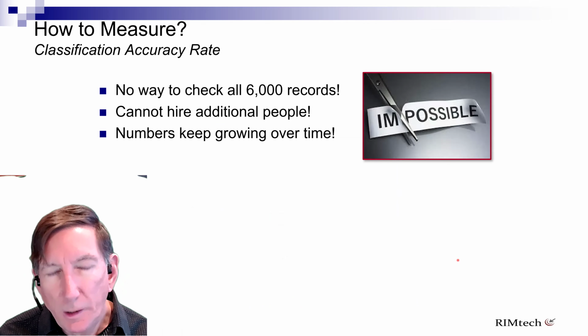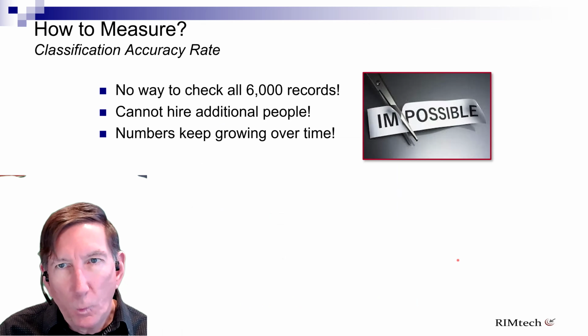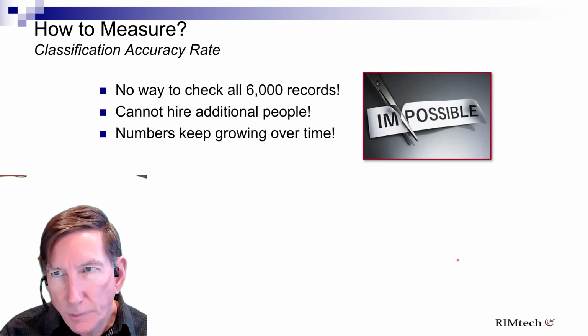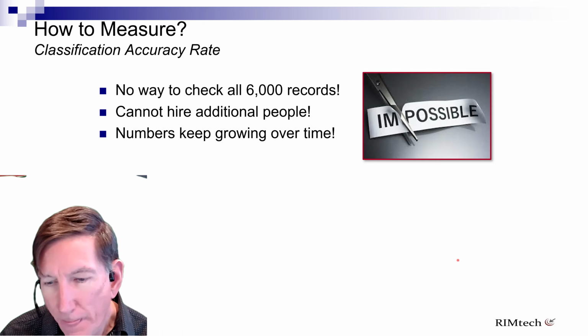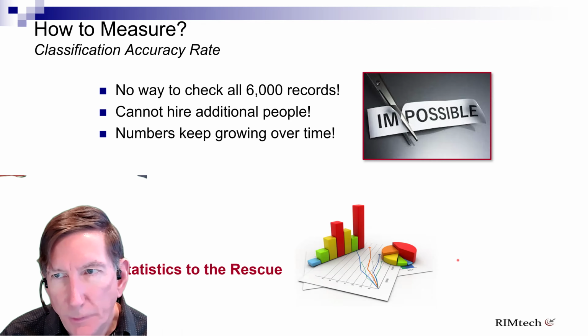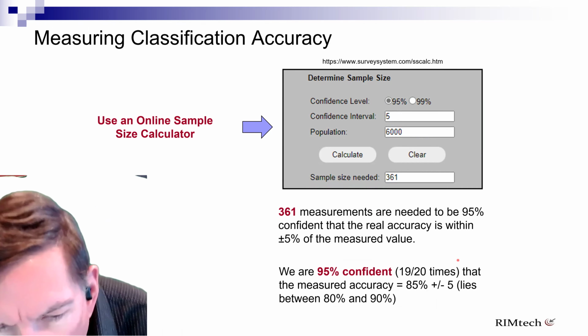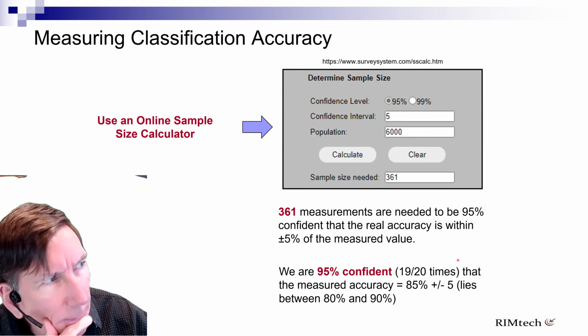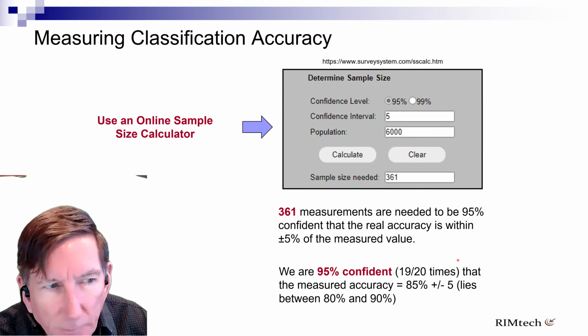We need to check those 6,000 every single day. Now, why have I dropped down from 12,000 to 6,000 all of a sudden? Because of my slides. I have examples for 6,000. Okay. So we're going to use statistics to do this. And what we're going to do is ask ourselves, if we use statistical sampling to come up with a classification accuracy rate, how many samples are we going to need?